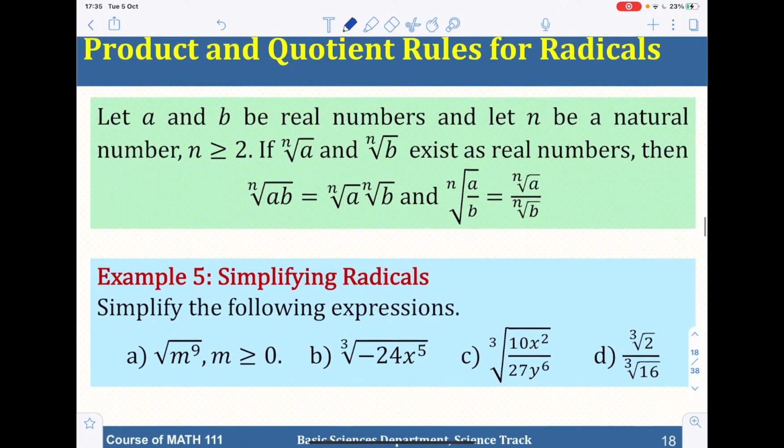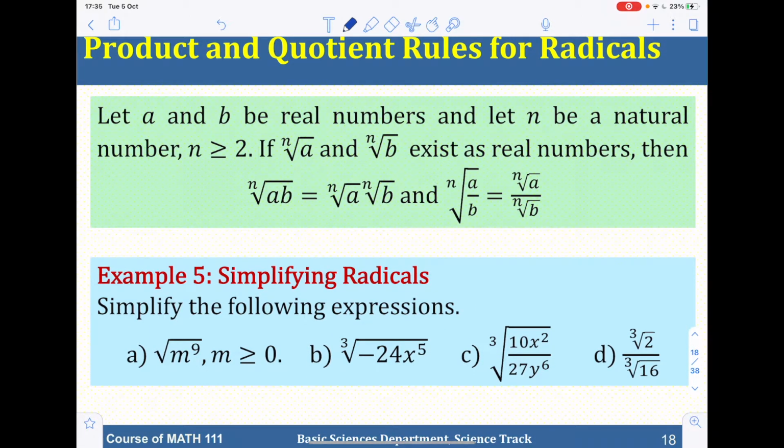Okay, so this is just the rules of the radical. As I said, it's exactly the same as the rules of the exponent. So as you can see here, we can distribute the root to both numbers under the root if they are multiplied, or in division form.